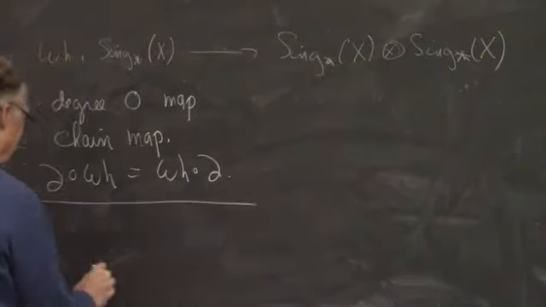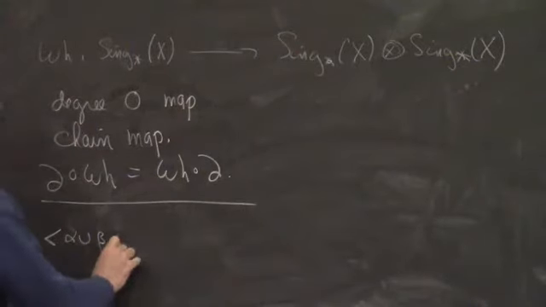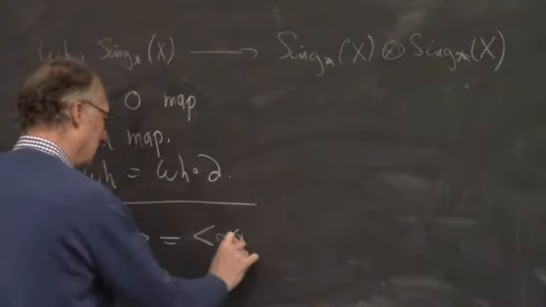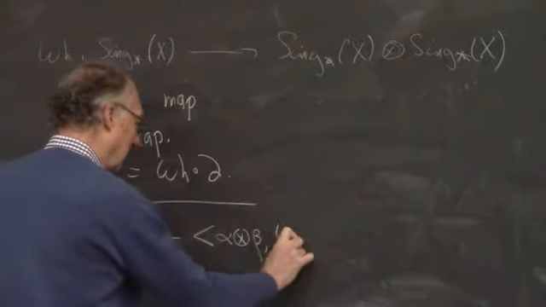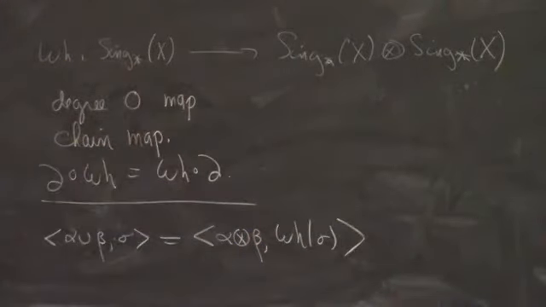And the definition of cup product was, if these are cochains, the cochain alpha cup beta on a simplex sigma is simply alpha tensor beta evaluated on the Whitney map applied to sigma.